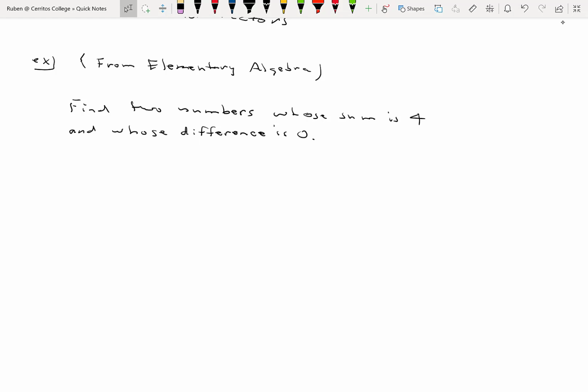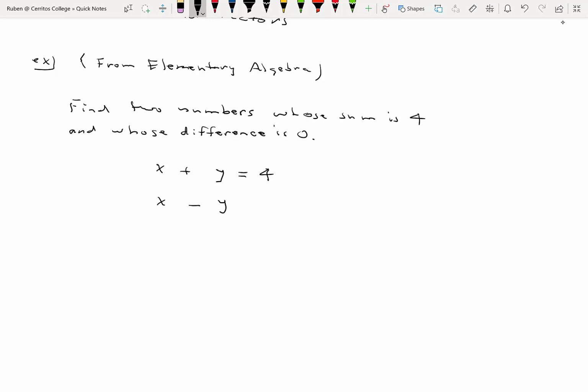I want to find two numbers that add up to 4. I could identify the numbers as x and y. So I think I'm committing a mortal sin here by not saying let x equal the first number and let y equal the second number. But the idea here is just to sort of remind us of what systems of equations were in elementary algebra.